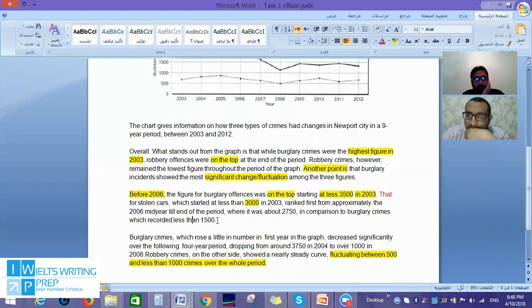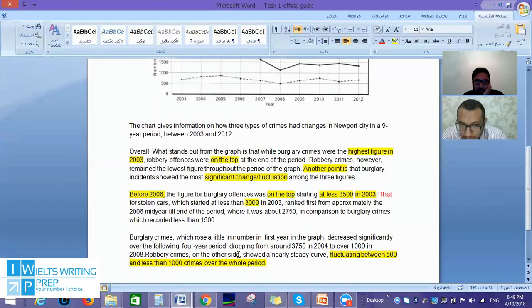Then, what do we have here? I just need to see that everything is in some kind of logical order. Then we have burglary crimes, which rose a little in number in the first year in the graph, decreased significantly over the following 4-year period, dropping around blah blah blah.